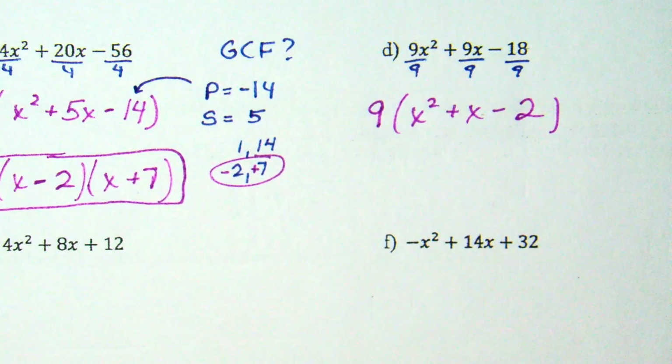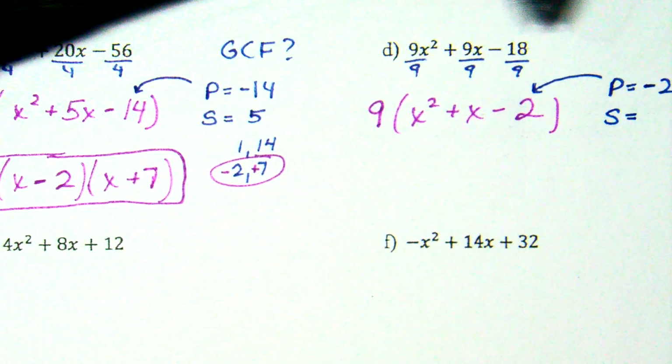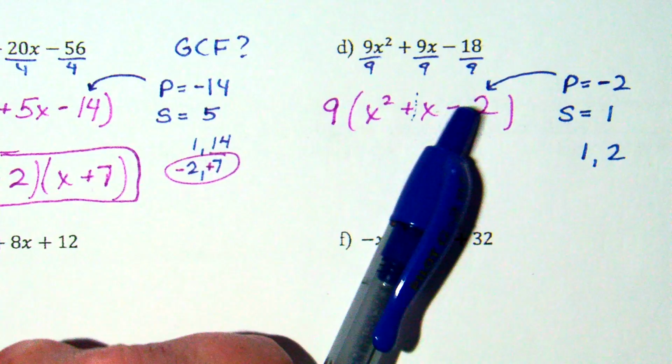So we're asking ourselves right here, for those of you who are debating in class as you try to figure this out, a product of negative 2 and a sum of 1. What are the only options of multiplying to be 2? 1 times 2. That's your only option for multiplying to 2. So if this is going to work, we have to make this work. Otherwise, we're done where we stand.